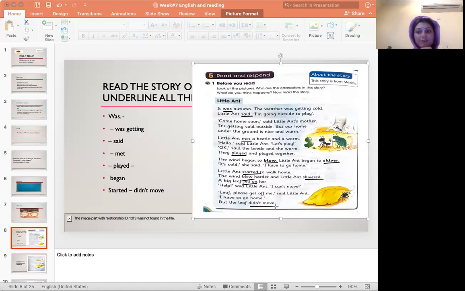The weather starts to be cold and the wind starts to blow. So the little ant went outside to play with her friends. She met two friends, a beetle and a worm. When the weather started to be so cold, she said, I'm going home.